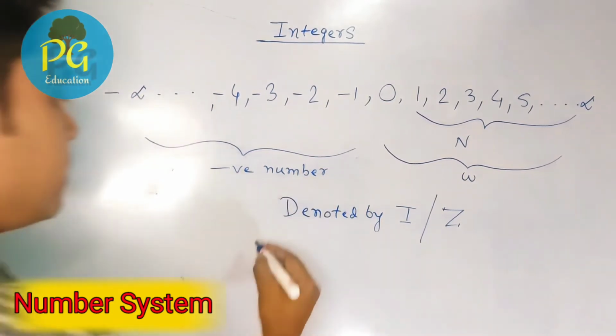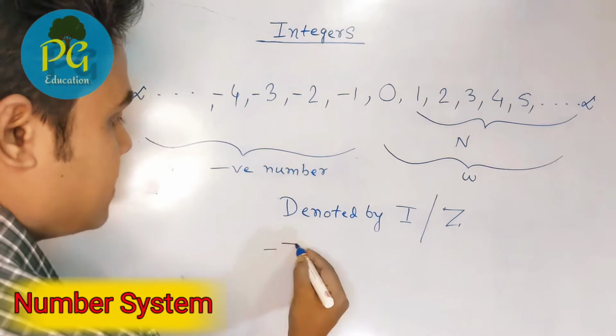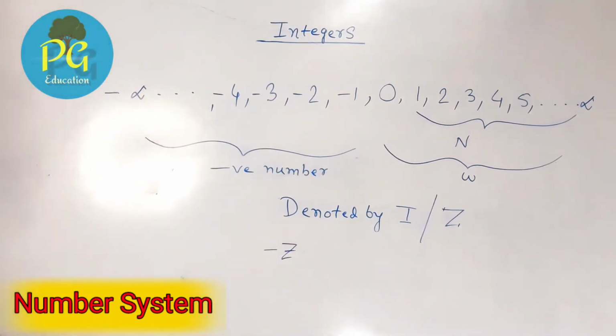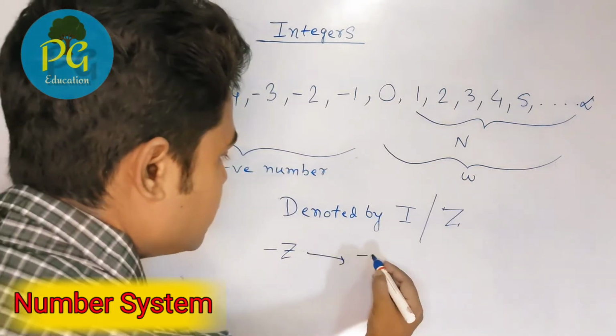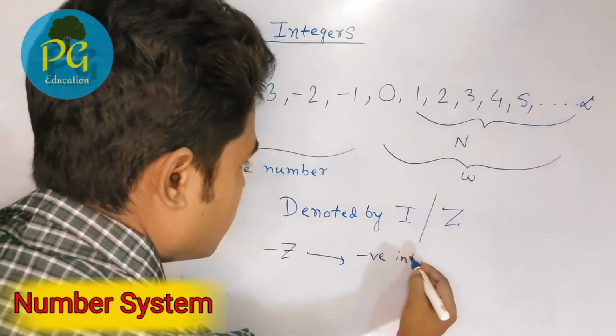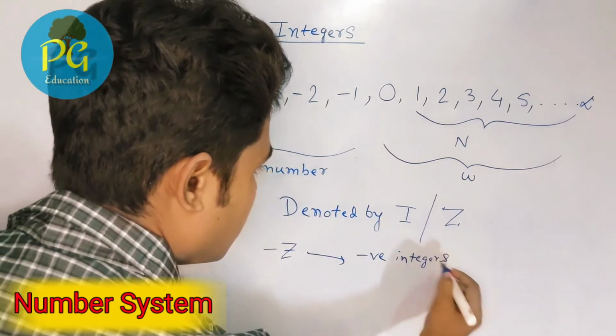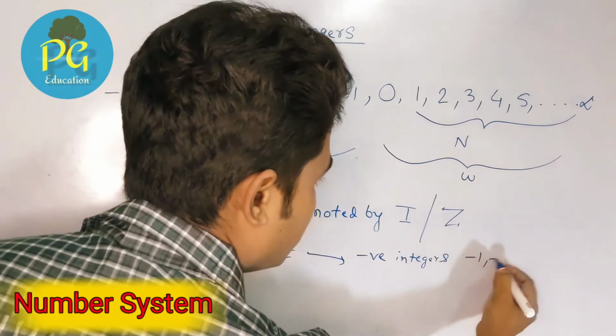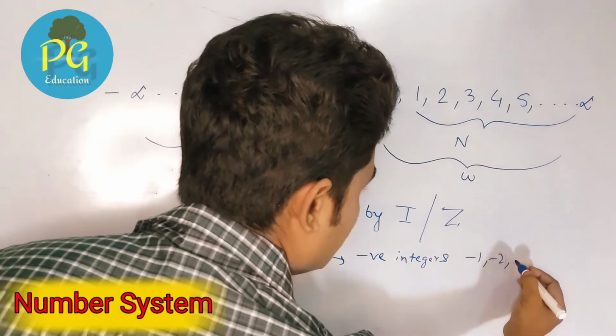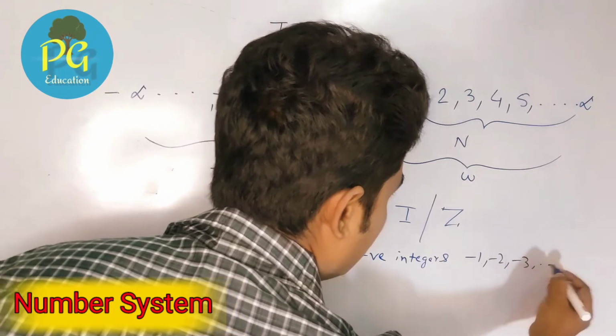If we write -Z, then it will denote negative integers, that means starting from -1, -2 and so on.